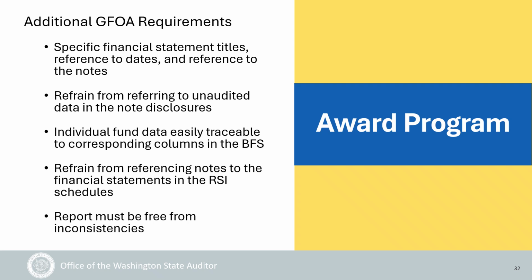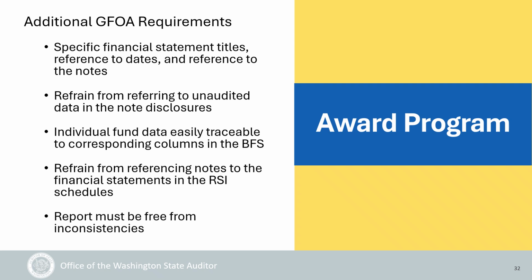Individual fund data must be traceable as stated in a specific criteria question, which currently reads, are the disclosures about interfund balances and transfers formatted so that the individual fund data can be traced to the corresponding column in the basic financial statement?